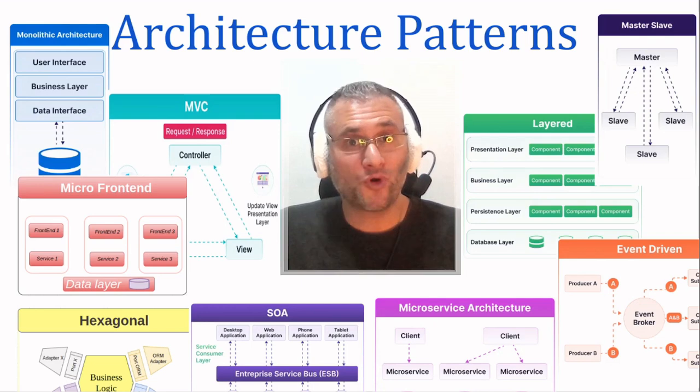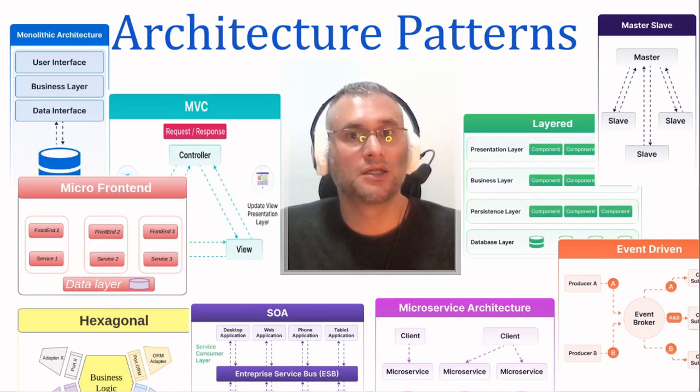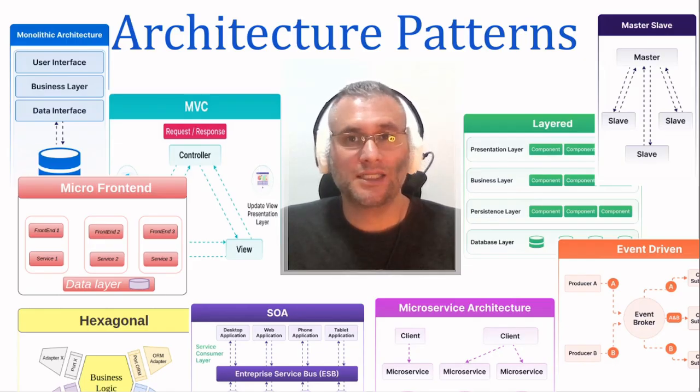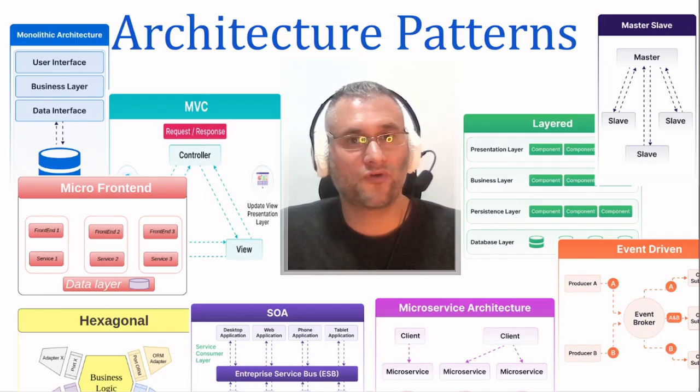But it is important to know each software pattern because you can make a more useful and informed decision about how you tackle different requirements in the software. With that in mind, let's start with our first software architecture pattern.